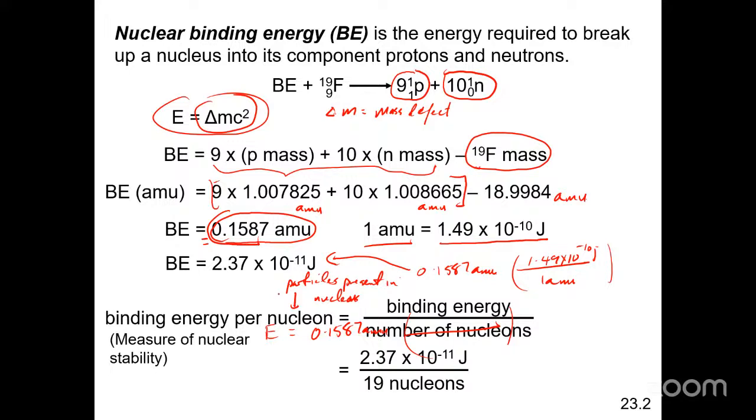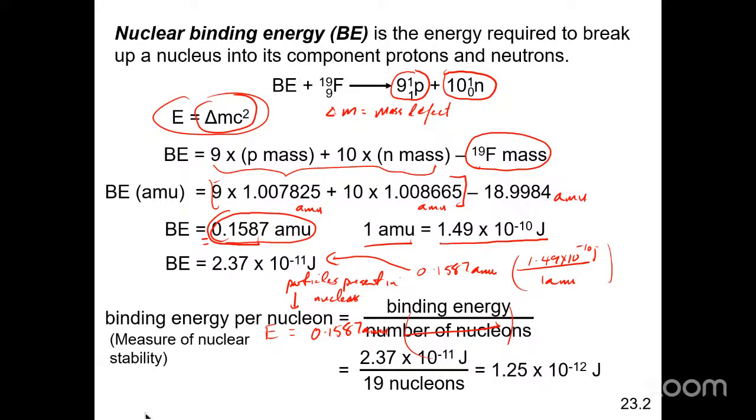So the binding energy per nucleon is the binding energy that we calculated earlier, divided by the total number of nucleons, which in the case of the fluorine nucleus that we're dealing with, would be equal to 19. So we take the value that we calculated here, 2.37 times 10 to the minus 11, divided by 19, and that gives you the binding energy per nucleon.